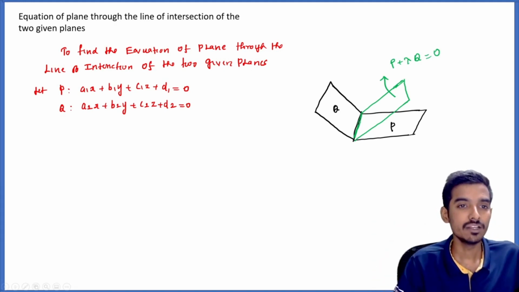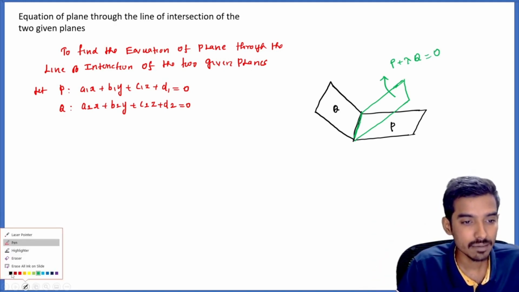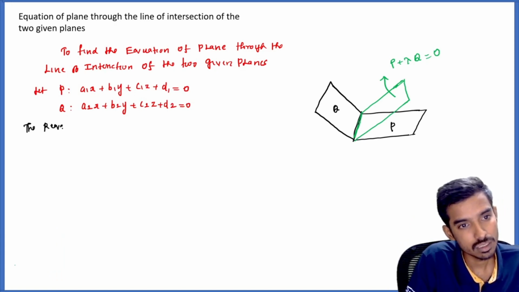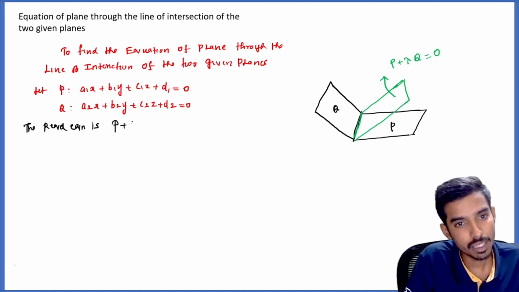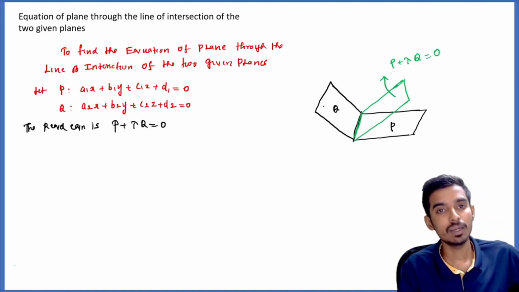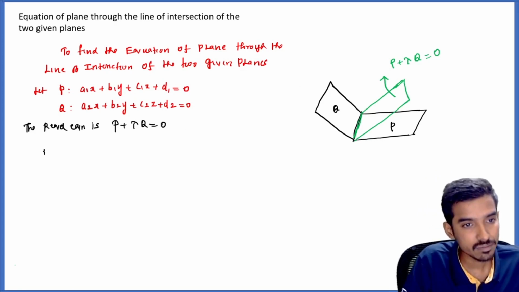That's it. The required equation is P plus lambda Q is equal to 0. This is the equation of a plane through the line of intersection of the two given planes.